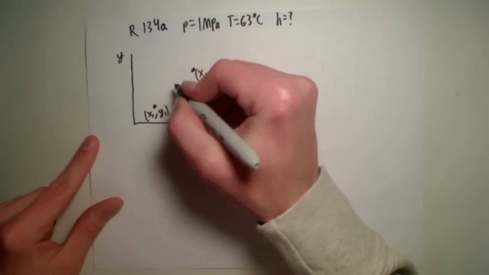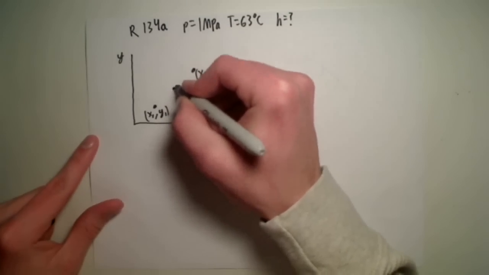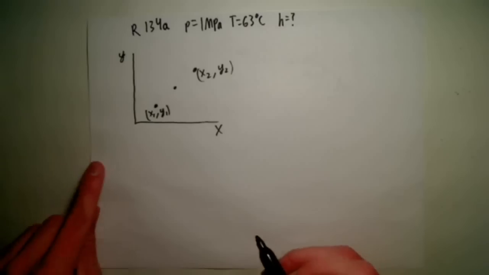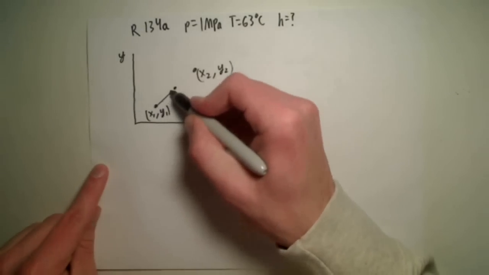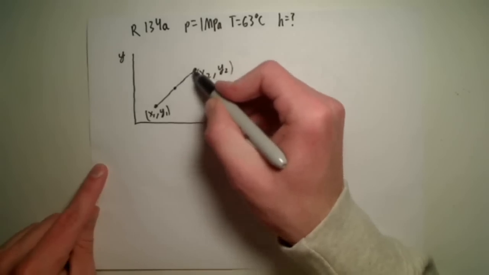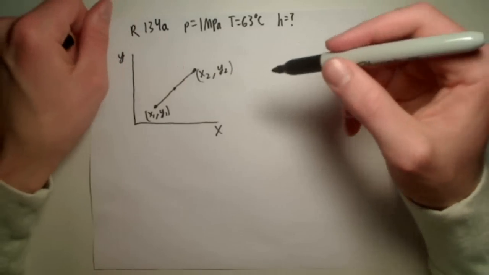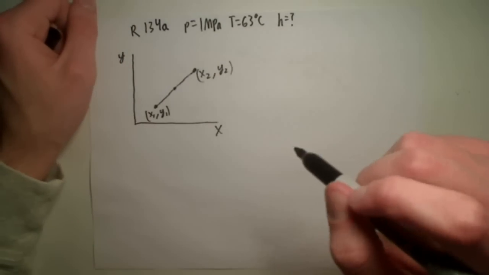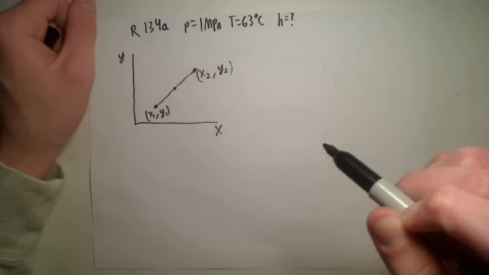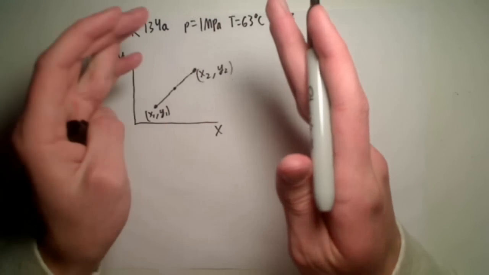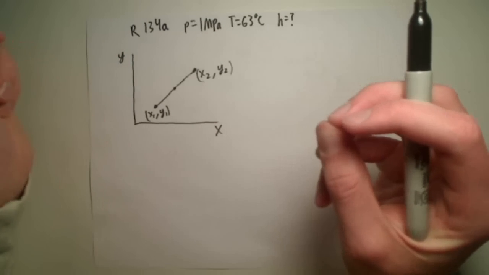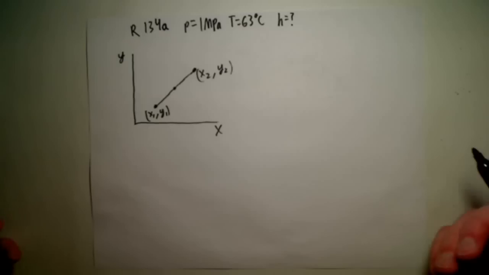And there's some point in the middle. I'm assuming that there's a linear relationship between point 1 and point 2. It may not be exactly linear, but especially in thermodynamics, the actual correlation between 2 points that are very close together is so close to linear, we can just assume it to be linear.